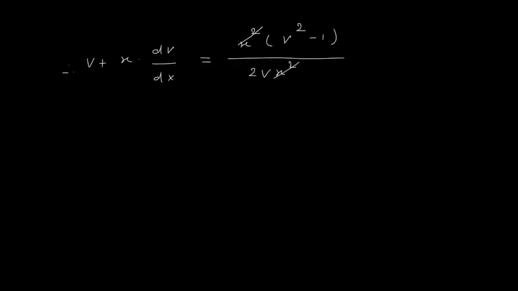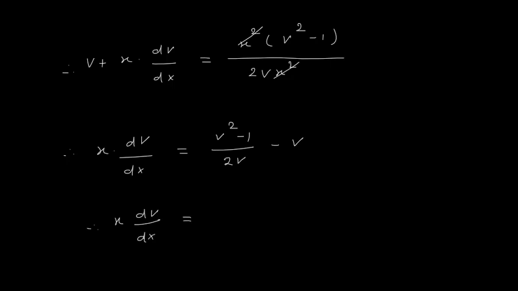So therefore I have x into dv upon dx is equals to v square minus 1 upon 2v minus v. So x into dv upon dx is equals to v square minus 1 minus 2v square upon 2v.